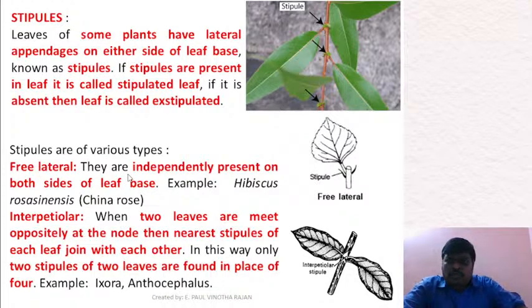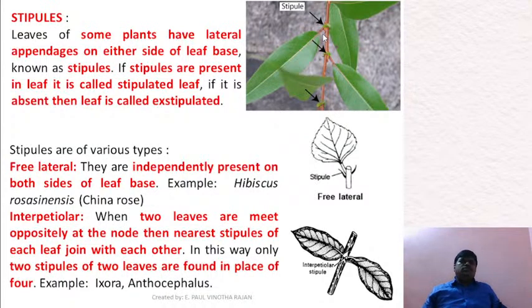Next, we are going to talk about the stipules. What are stipules? At the nodal region, in some plants, they have extra appendages on either side of the leaf base.